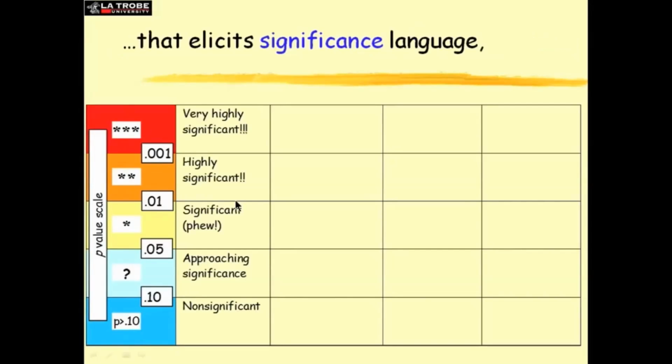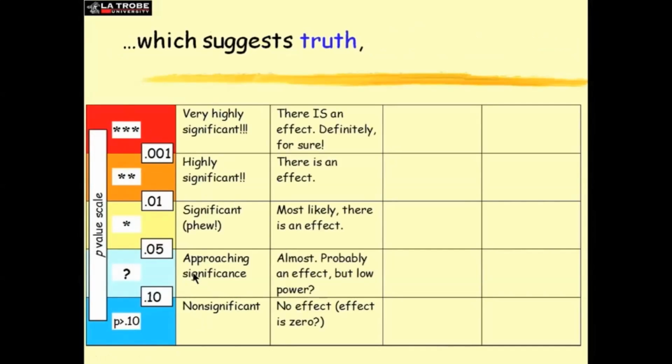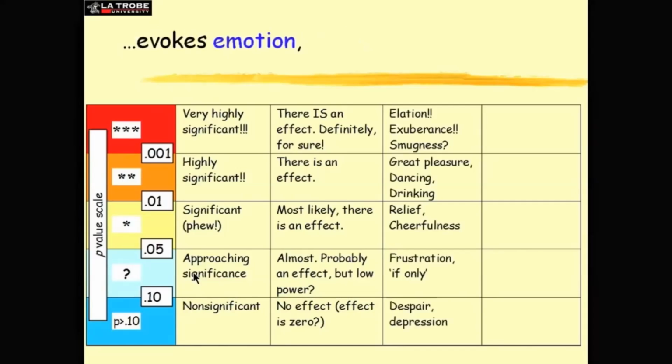And this elicits significance language from very highly significant down through here, and values between 0.05 and 0.10 approaching significance. How do you know it's not running away from it as hard as it can go? And we want this language to indicate truth. We desperately want to know about the world and know about truth. There is an effect, or there is no effect, or perhaps even a zero effect.